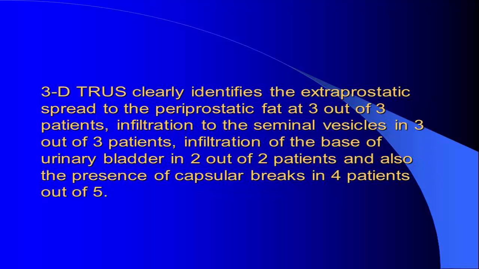3D TRUS clearly identified the extraprostatic spread to the periprostatic fat in 3 out of 3 patients, infiltration to the seminal vesicles in 3 out of 3 patients, infiltration to the base of urinary bladder in 2 out of 2 patients, and also the presence of capsular breaks in 4 patients out of 5.